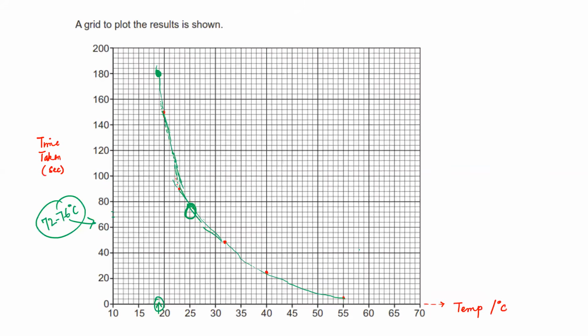So for example, if I'm going to run this experiment at 70 degrees centigrade, the time taken by this experiment, if we are going to extrapolate this curve, would be way less than 5 seconds, and that would be very short for a person or a student to measure.